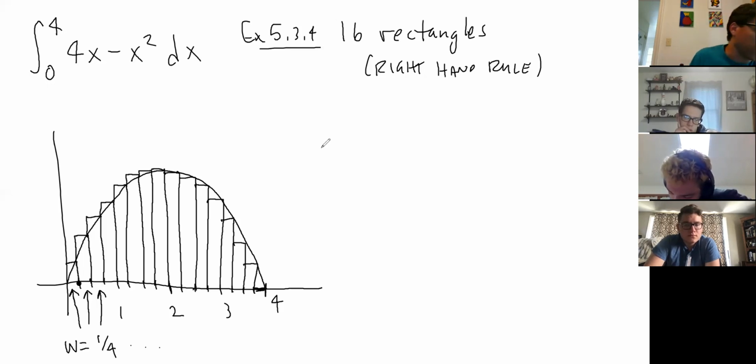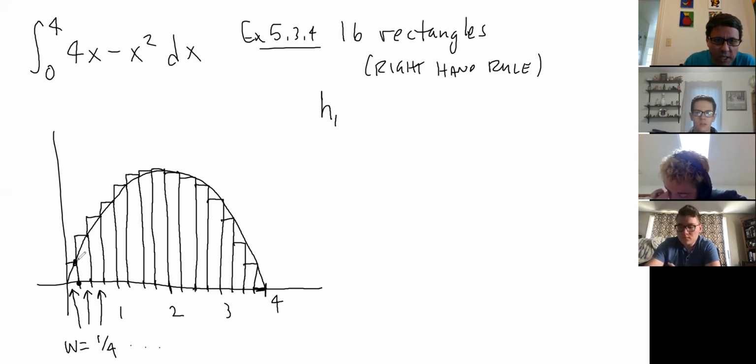All right, now the fun begins here. The height, maybe, right, height number 1. So first rectangle over here, height number 1. We have to figure out what this point is up at the top. But all these points we get from the equation y equals 4x minus x squared.